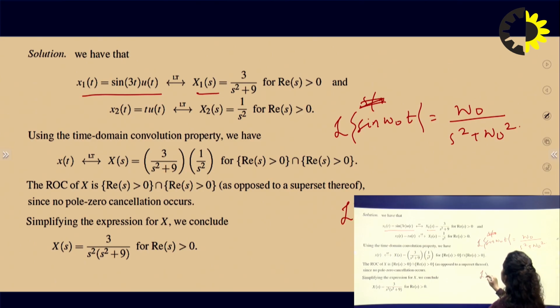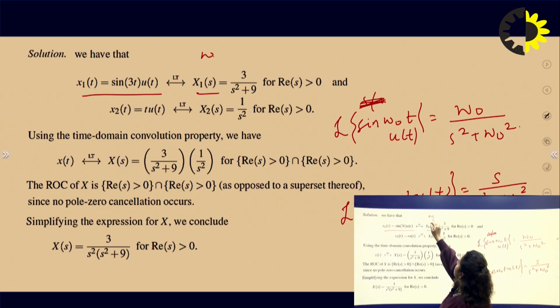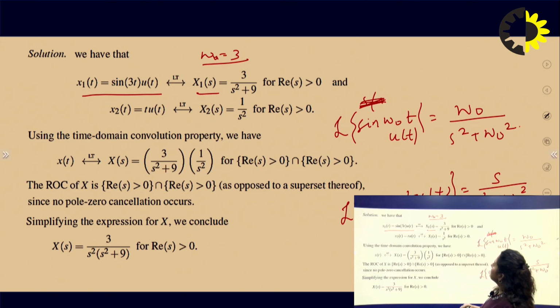Similarly, the Laplace transform of cos omega naught t u(t) is s upon s square plus omega naught square. So by using sin omega naught t u(t), the Laplace transform omega naught upon s square plus omega naught square, we have here omega naught equivalent to 3. So it is 3 upon s square plus 9.